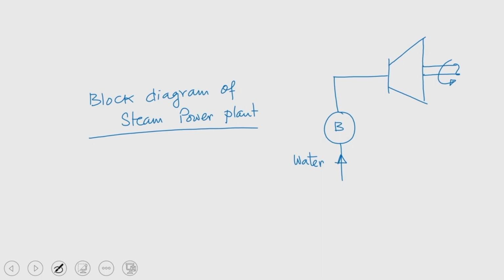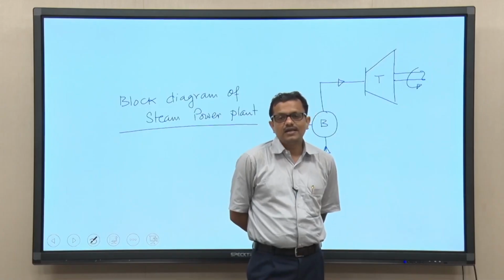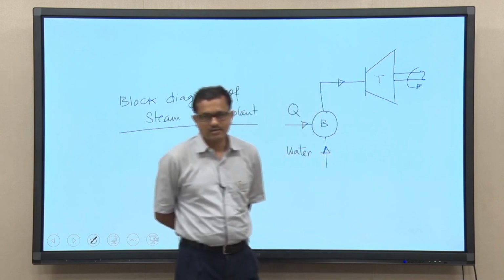The working substance, upon receiving heat from an external source, when it is entering the boiler, is converted into steam, and that steam is taken into another mechanical device or component, that is called the turbine, of course a steam turbine, wherein that steam is allowed to flow, and while steam is flowing through this turbine, it does work on the rotating part of this device.